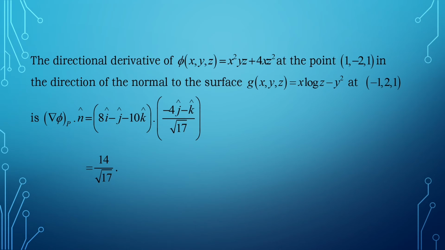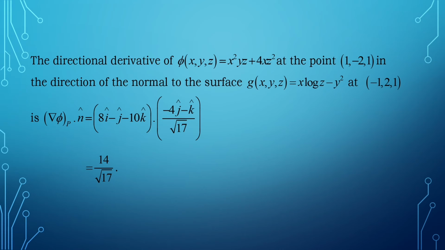Now it remains to find out the directional derivative of the given surface in the direction of n cap, which is also the direction of u cap. For this purpose, we have to find out del phi at P dot n cap.